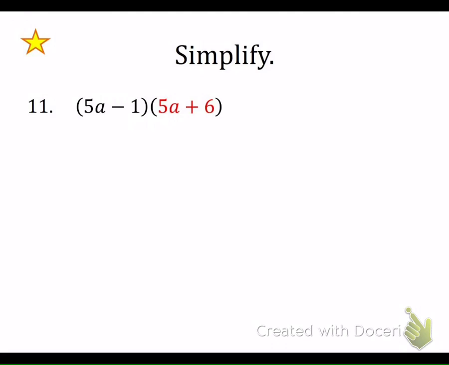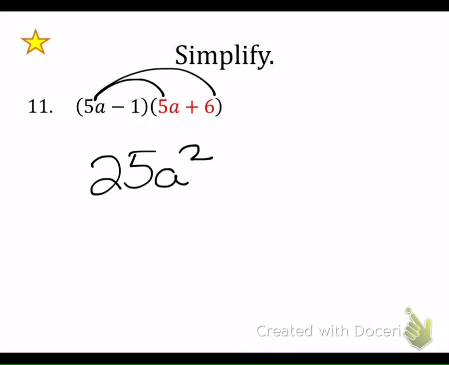It's broken. All right, so what is 5a times 5a? 25a squared. What is 5a times 6? Plus 30a. All right, what is negative 1 times 5a? Negative 5a.